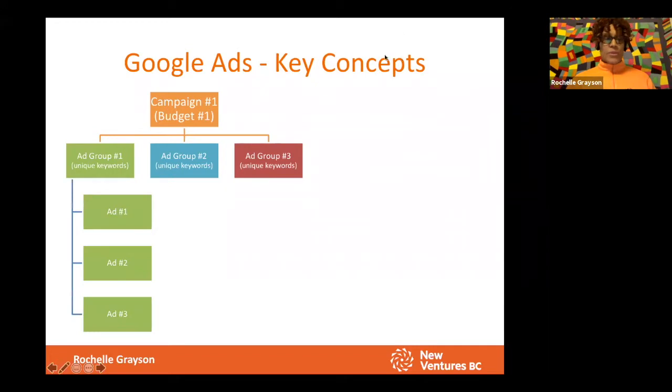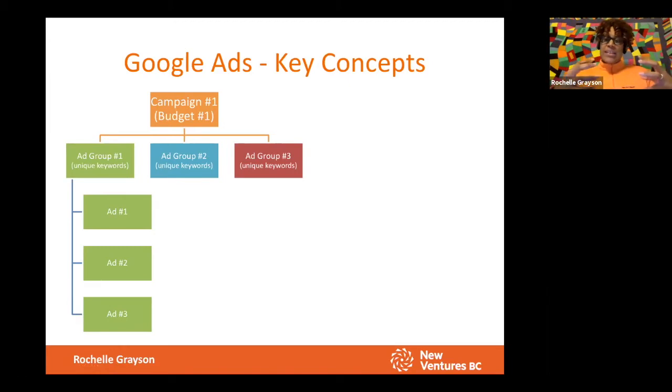And then basically what we have here is in ad group 1, as I said, you can have multiple ads. This is really great if you're trying to do some A/B testing, with different words, different calls to action, different unique selling propositions.